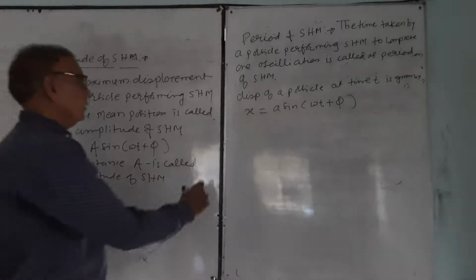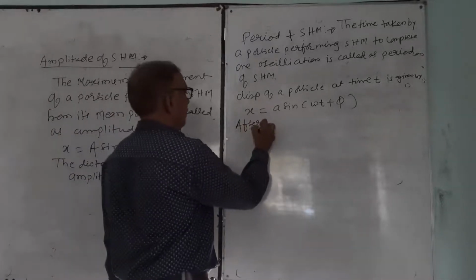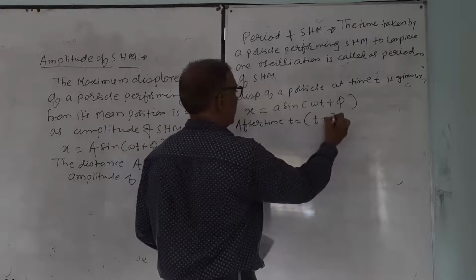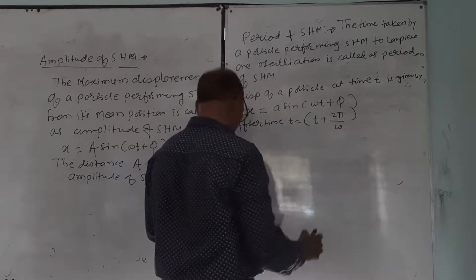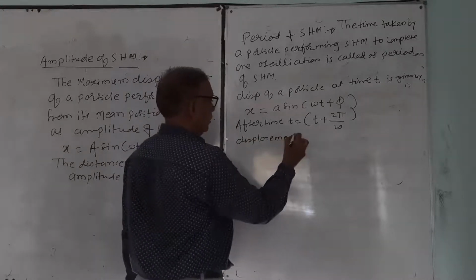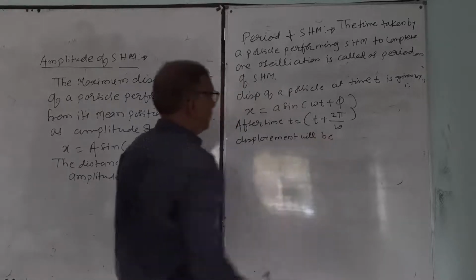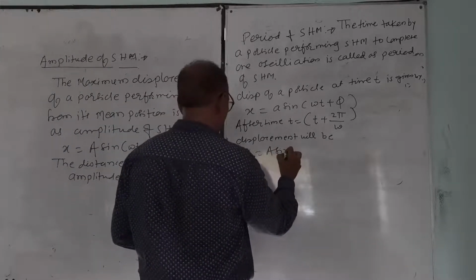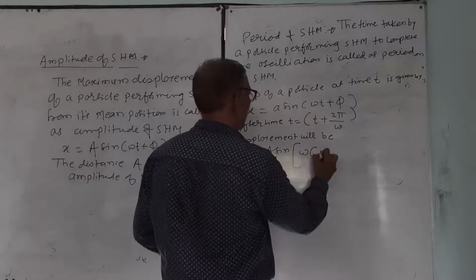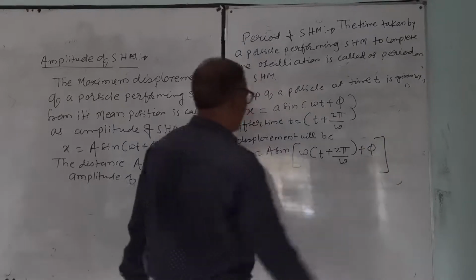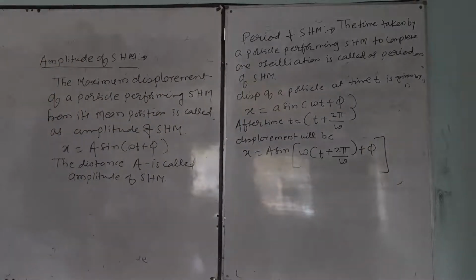After time t is equal to t plus twice pi by omega, the displacement will be x is equal to a sin of omega into t plus twice pi by omega plus phi.